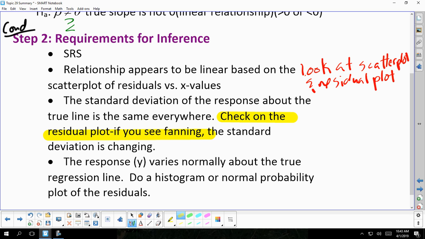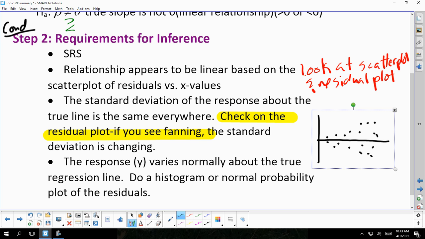That means when we see fanning, we have a residual plot where the points are close to the line and then they get further away. The standard deviation is larger for higher x values than it is for smaller ones. We need a consistent standard deviation throughout our model in order for us to do regression for slope.